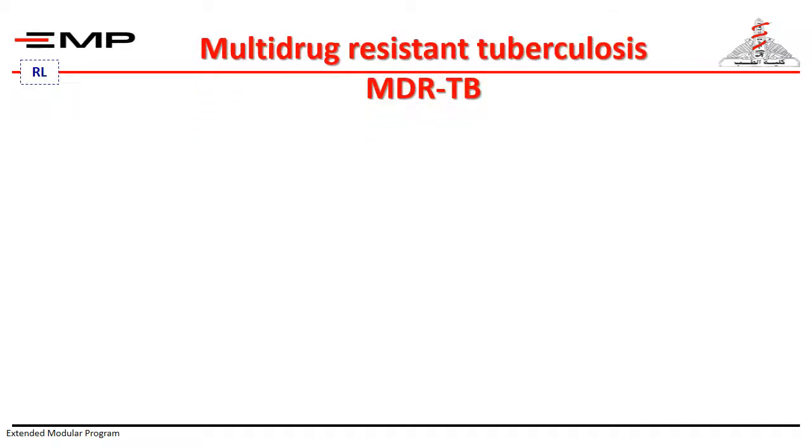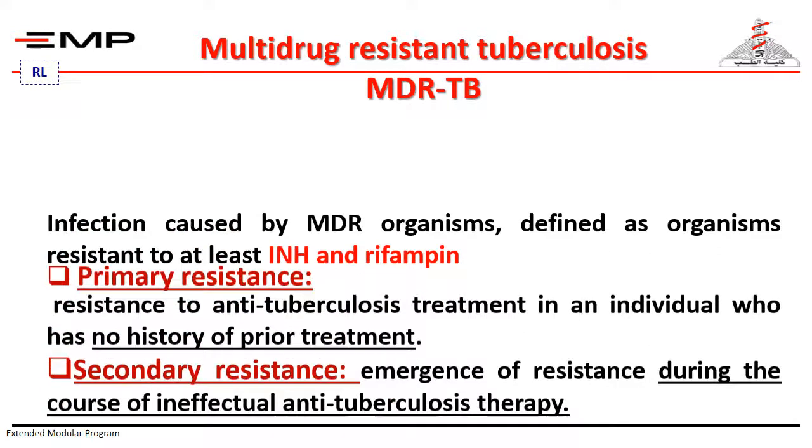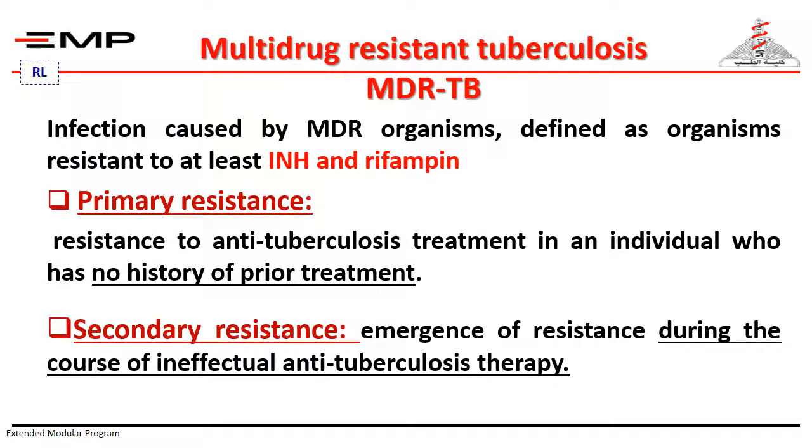What about multi-drug resistant tuberculosis? From its name, it is multi-drug. It means there is infection by an organism which cannot be treated by the regular first group of anti-tuberculous therapies, especially INH and rifampicin. It can be primary resistance to anti-tuberculous treatment in an individual who has no history of prior treatment, so he is infected from the start with mycobacteria that are resistant to drugs.